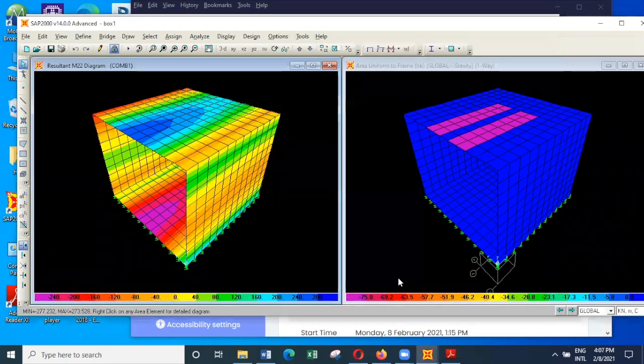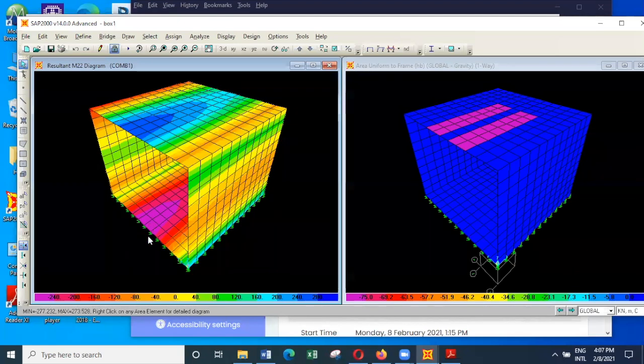If you look at the moments, here you get something like 264, and here you get a value like 265.